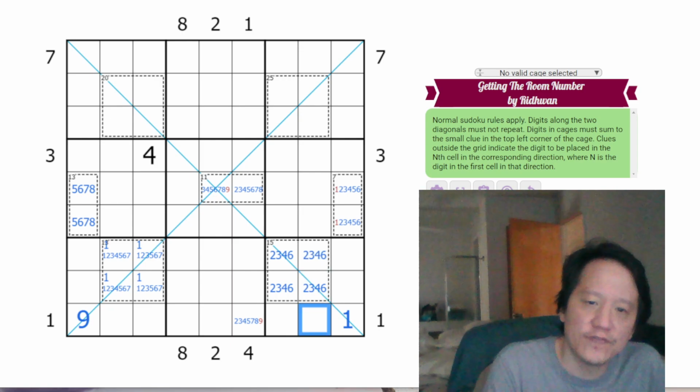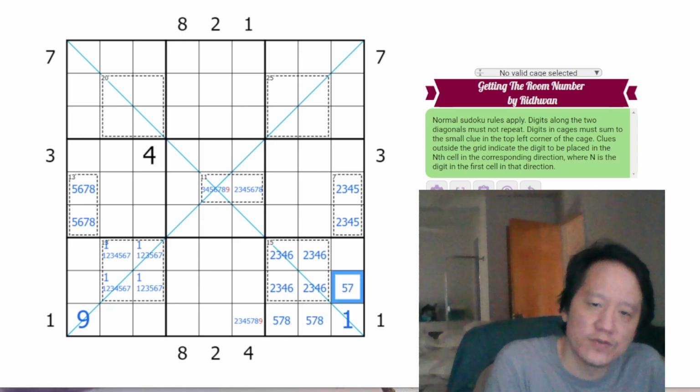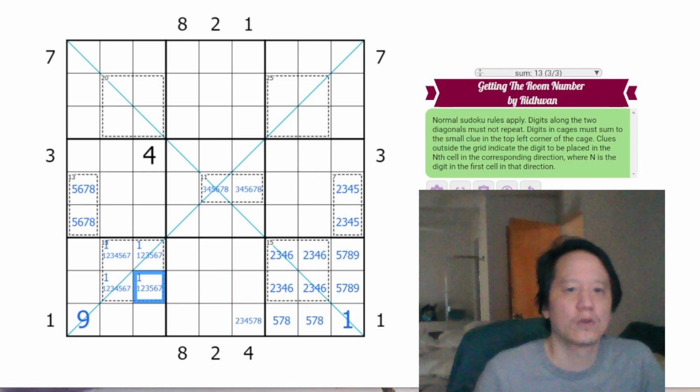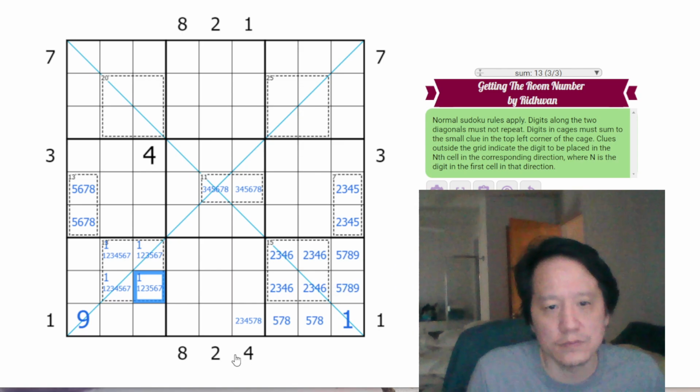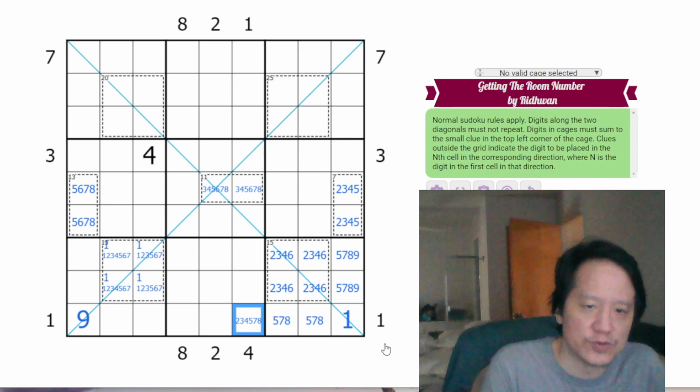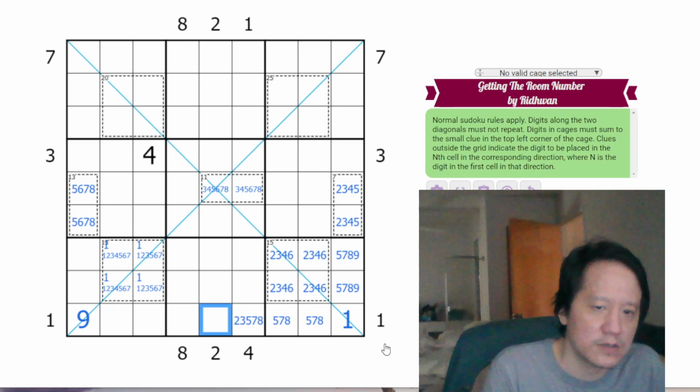So this can't be 1 or 6. This can't be 1 or 6. This becomes 5, 7, 8, 9. So this can't be 9, so that can't be 2. This can't be 9. So the 1 is here. This can't be 4, because if this was 4, then that would be 1.